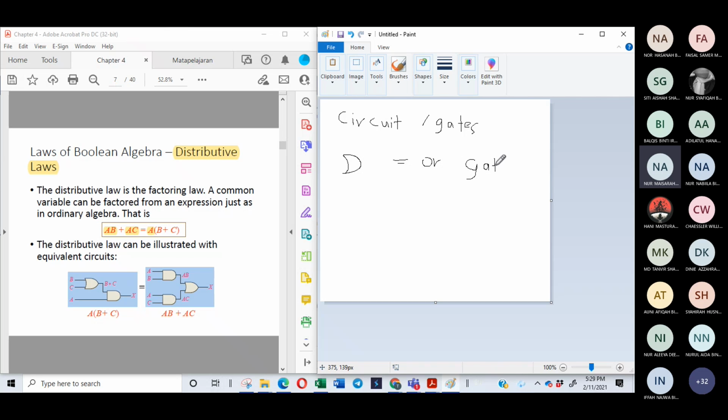You can copy or you can snap. Okay, if you see the semi-oval, this is the AND gate.